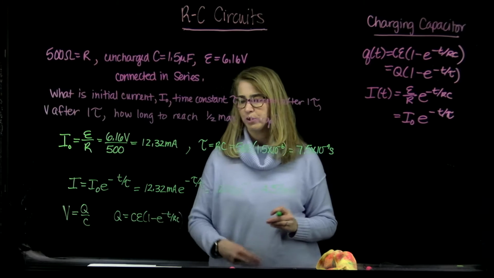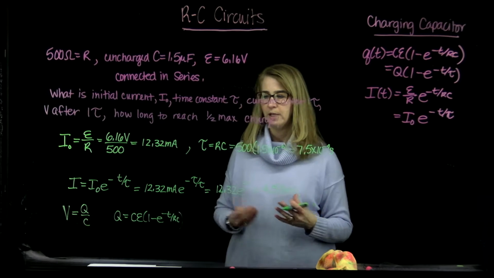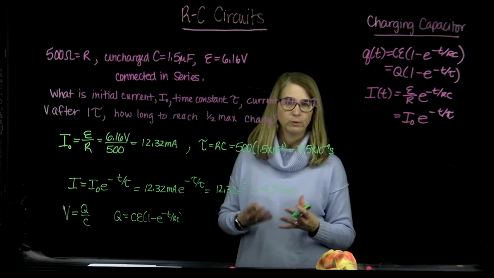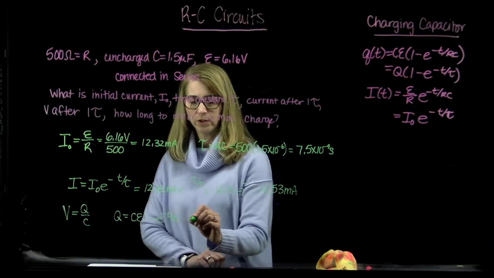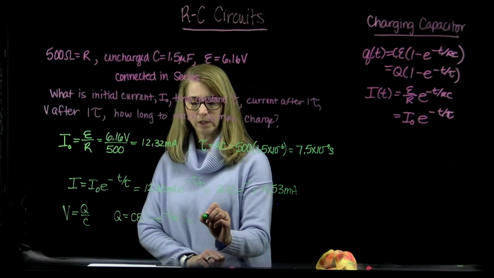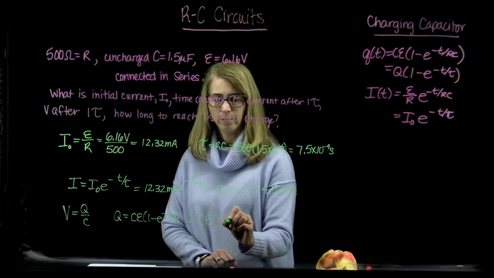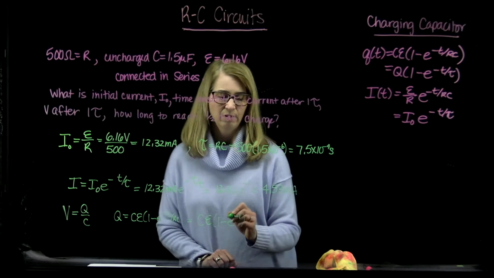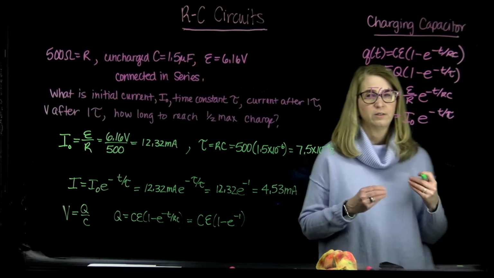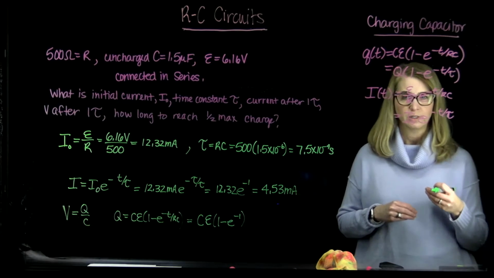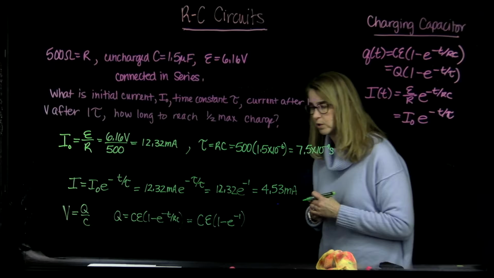So this is the expression we're going to use, but we want to let t be equal to tau. So this simplifies into the capacitance times the EMF of the battery, times 1 minus e to the minus 1, because it's e raised to the minus tau over tau, with that negative sign, of course.